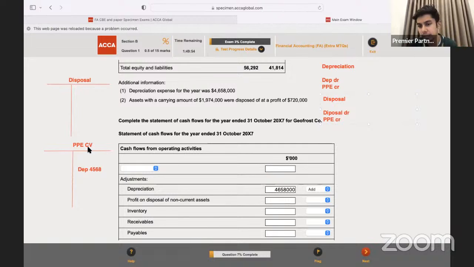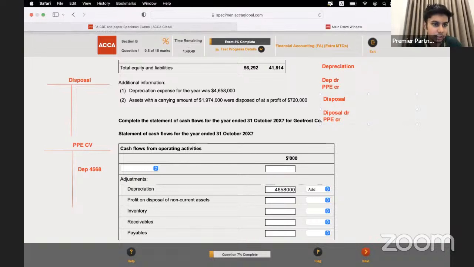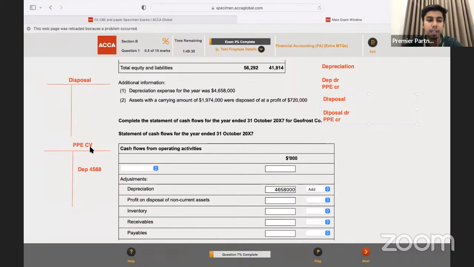Understood? Was it confusing? One more time, because usually when you dispose, we have been taught that step number one is eliminate the cost of the asset. Step number two is eliminate the provision. These two will now be combined as remove the carrying value if the asset is held at carrying value. During a disposal, step number one will be to eliminate the carrying value of the asset.